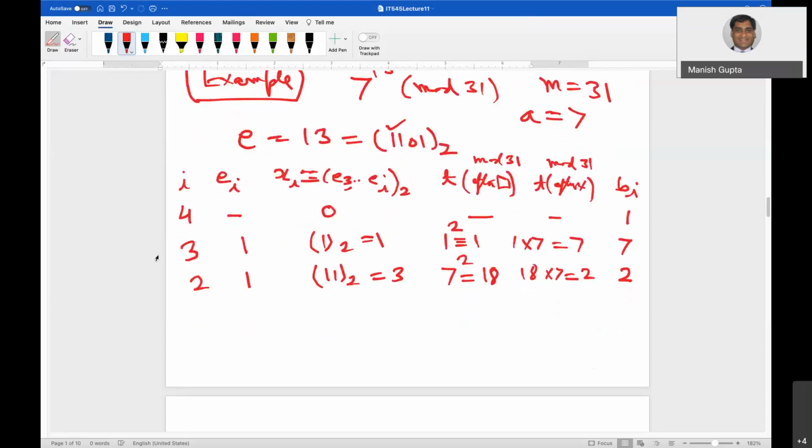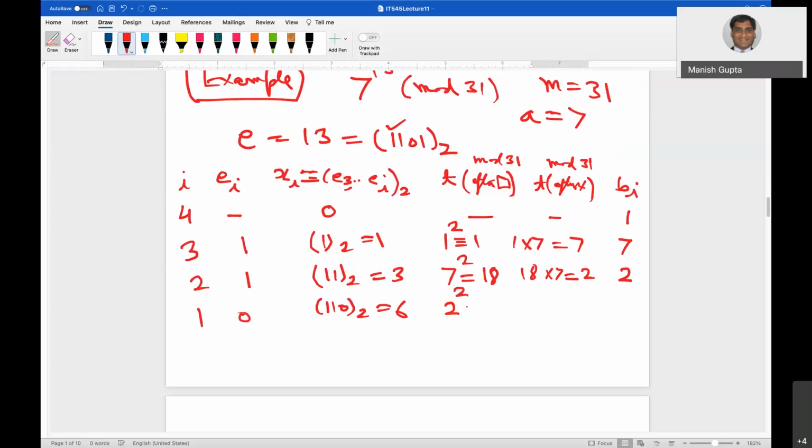Okay. Next we go to 1. Now the ith component ei is 0. So now you remember this is 6. So 2 square.